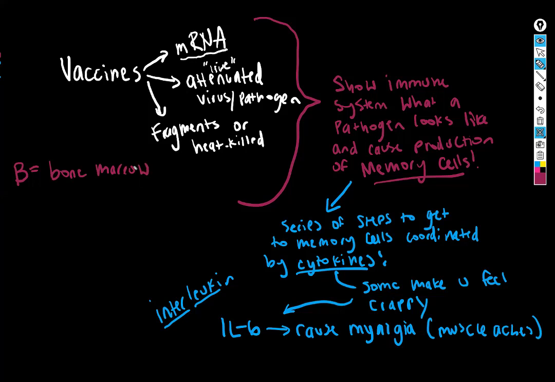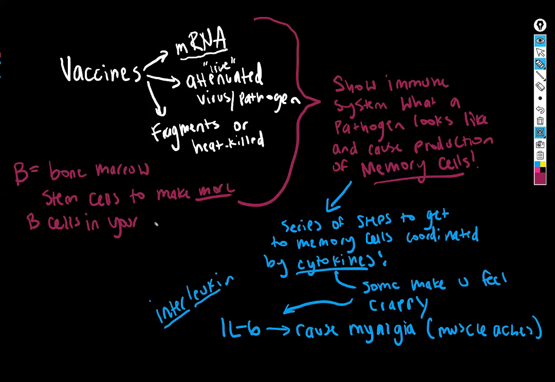So we talked in another recording about primary versus secondary lymphatic organs, and bone marrow is where the B cells first learn to do their job. But in addition to all of the B cells that already live in your lymphatic tissues, you have stem cells to make more B cells in your bone marrow.